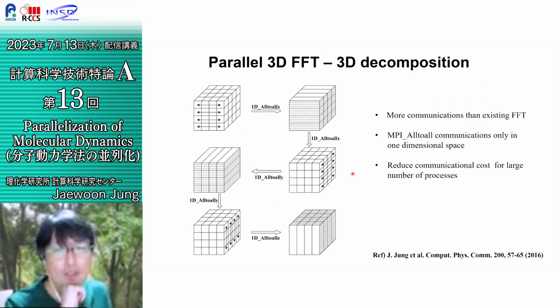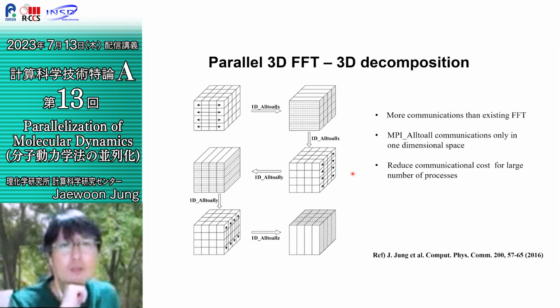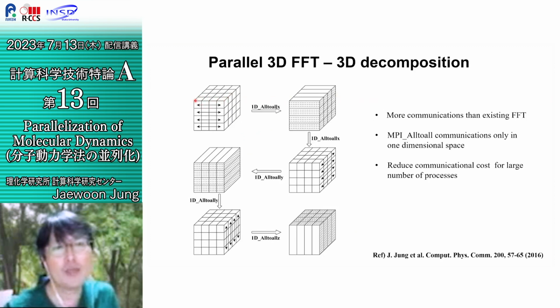And also, there is a three-dimensional decomposition scheme. In this case, each processor has the data of this cube. To perform FFT in this direction, these four processors do all-to-all communication and have the data in this way, and you can perform FFT.